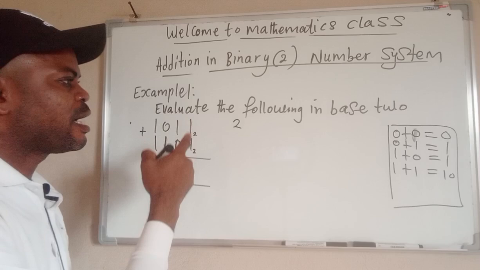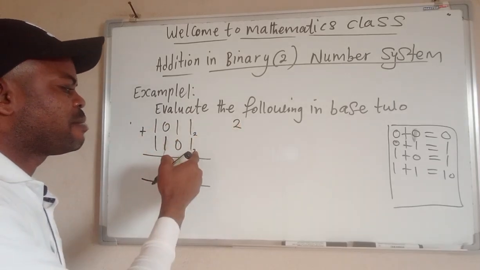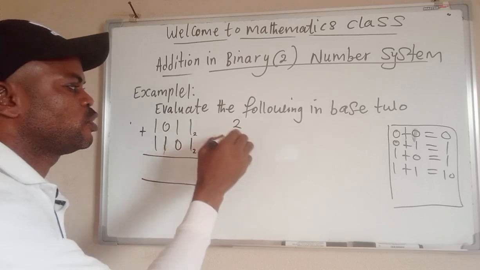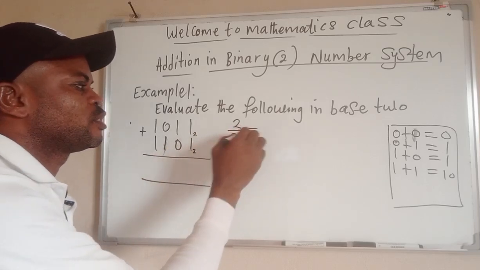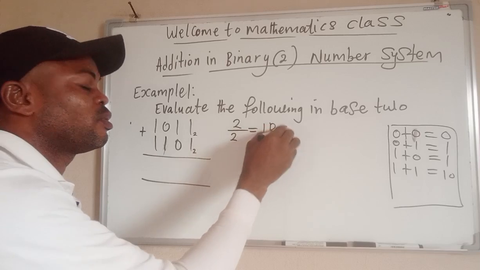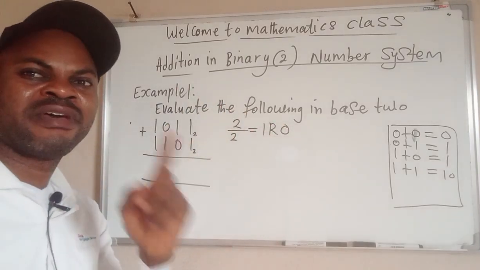So the technique I'm going to use is this. When you say 1 plus 1 is 2, then divide by the very base you're working with, which is 2. 2 divided by the base gives you 1 remainder 0. And remember that in number base, the remainder is very essential.